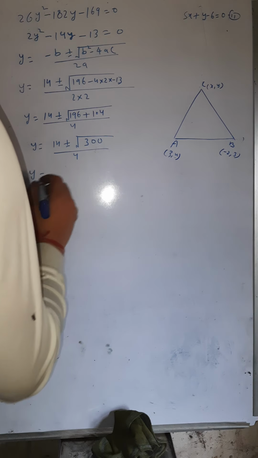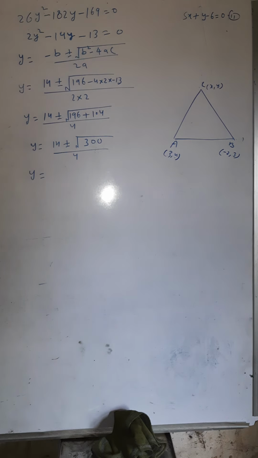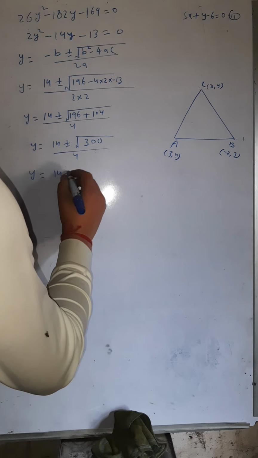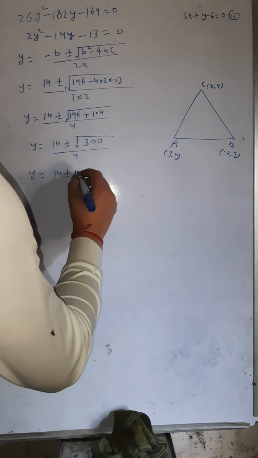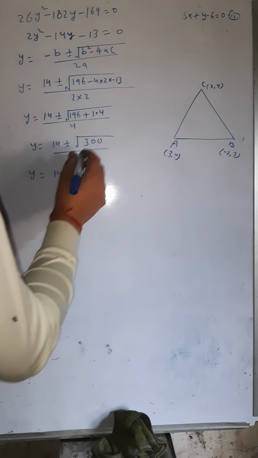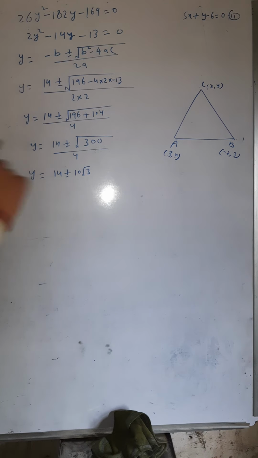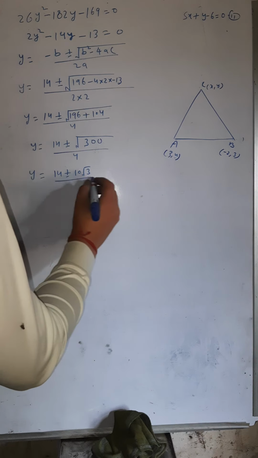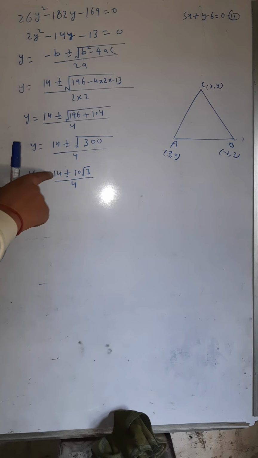From here you have two values of y. Root 300 is 10 under root 3, since 10 times 10 is 100 and 100 times 3 is 300. Divided by 4, you can take 2 common from the upside and then divide the downside by 2.